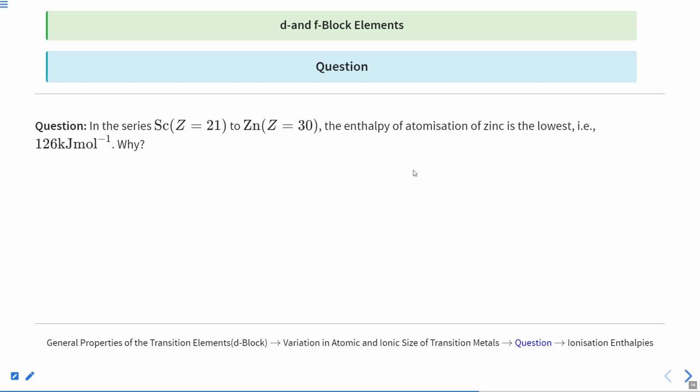Now, due to the completely filled d orbital, its electrons are not that much available for metallic bonding, and for that reason we see that the enthalpy of atomization for zinc is the lowest. Clear?